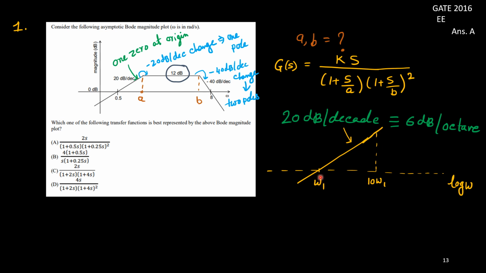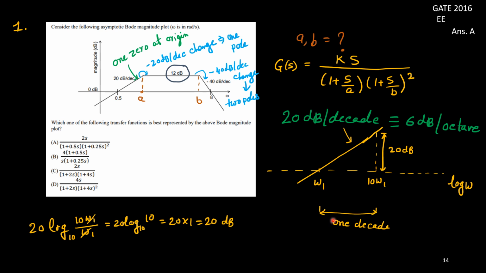Okay, so 10 times increment in frequency will imply in dB scale a 20 dB increase. That is the meaning of 20 dB per decade. In one decade, there is an increase of 20 dB. So this is your one decade, 10 times frequency change, and this is your gap of 20 dB.